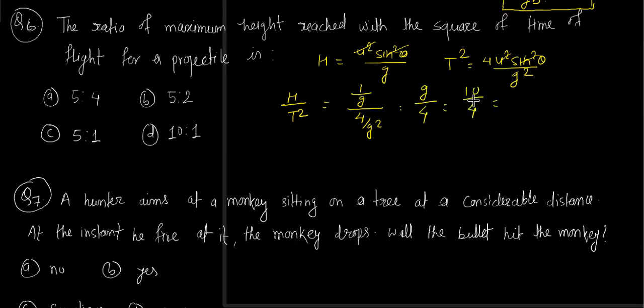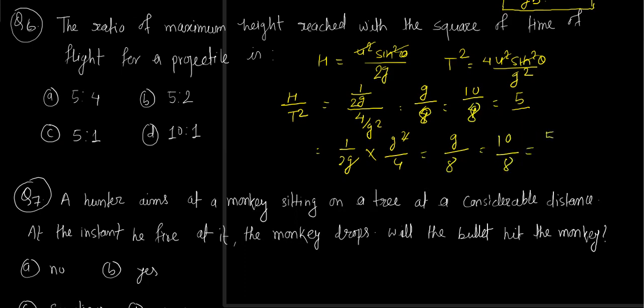Here I think I have missed the 2. This is 2g, so it will be 8, not 4, because if we write this as 2g into g square by 4, then after cancellation it will be g by 8, which is equal to 10 by 8.